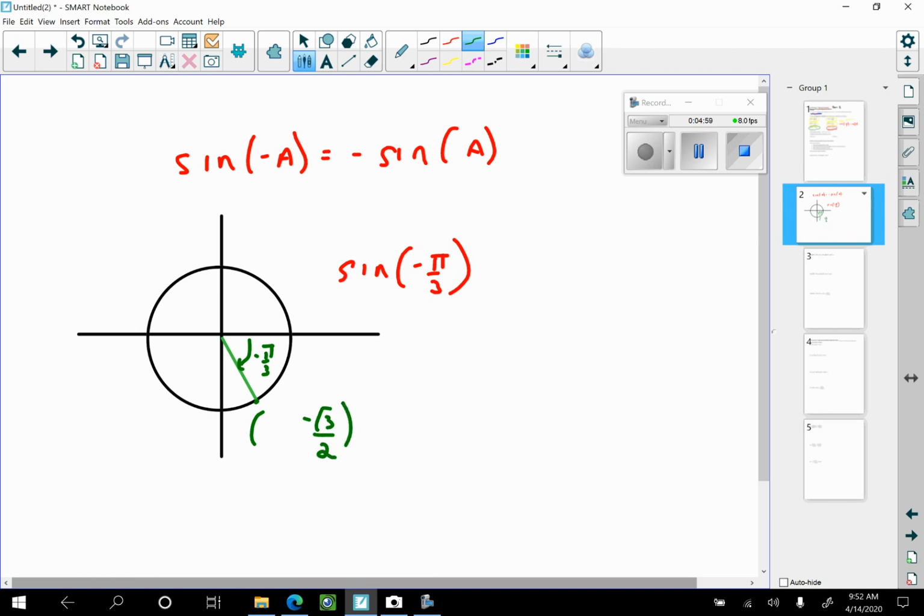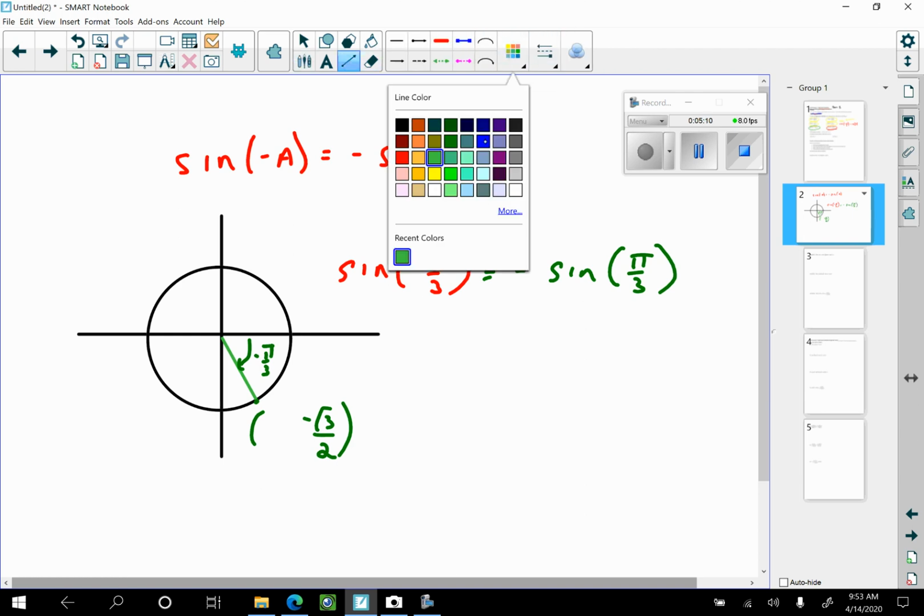And by this identity, this is supposed to equal negative sine of pi over 3. So if I go to sine of pi over 3, I'll come over here to my line tool, change my color.